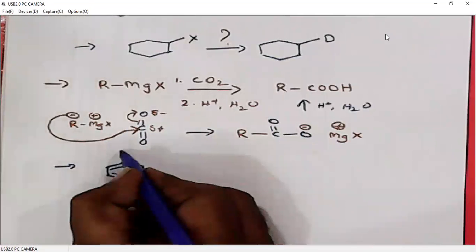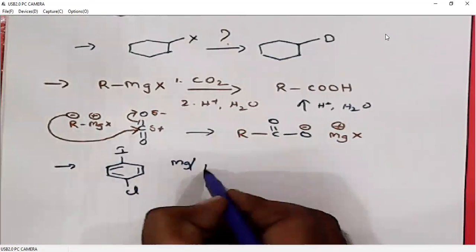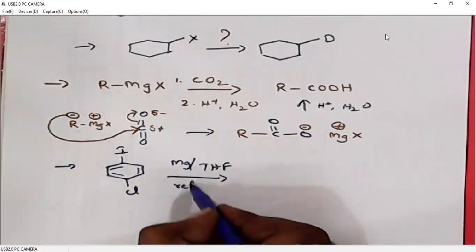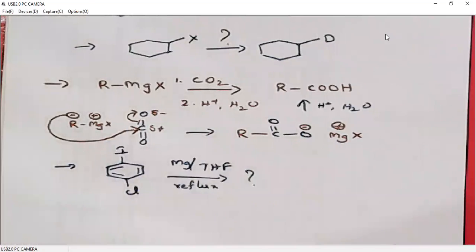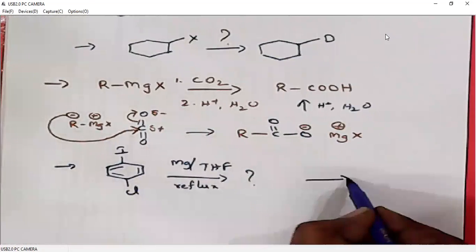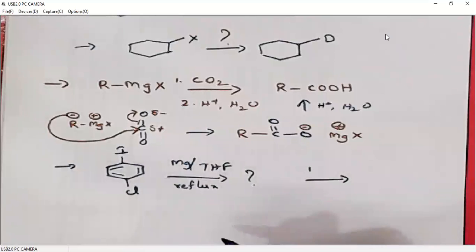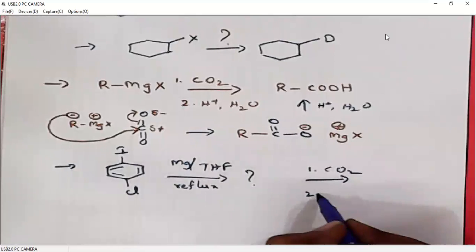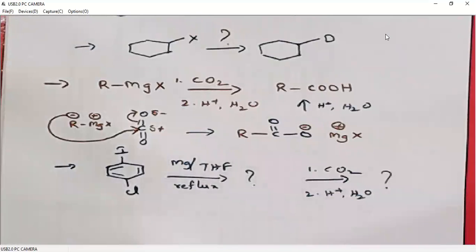Okay. Just take these practice problems. When we want to have only one type of Grignard reagent, which one will undergo Grignard reagent formation among iodine and chlorine? Then it is treated with carbon dioxide followed by dilute acid treatment.